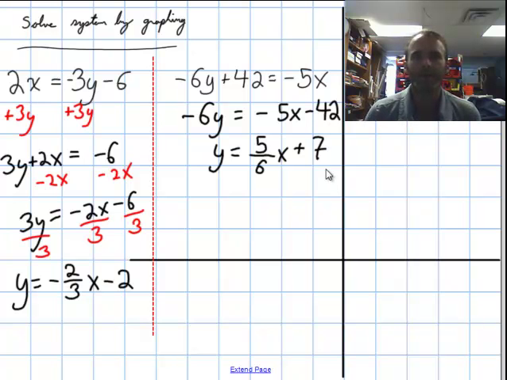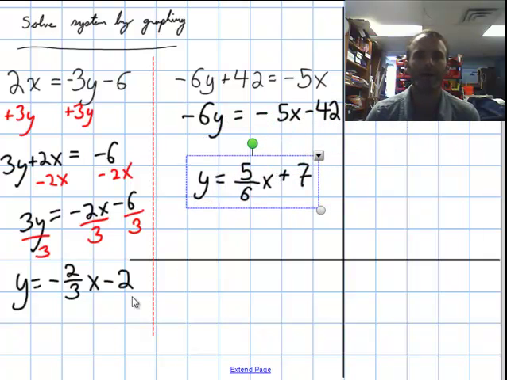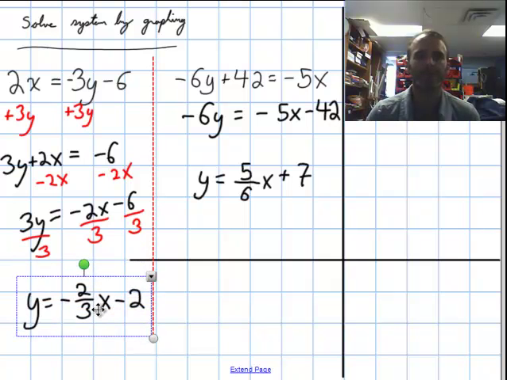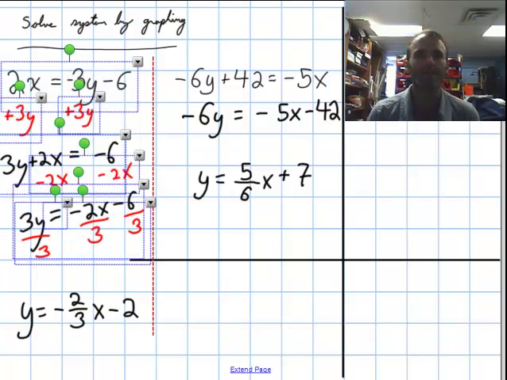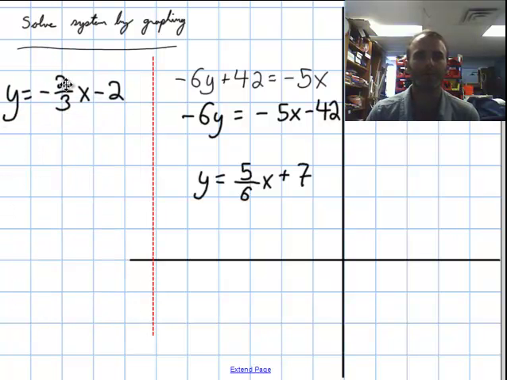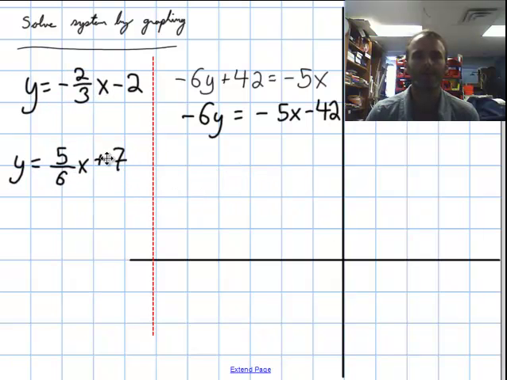Okay, so we have this equation, and we have this equation. So here's our two equations. So I'm going to get rid of all of this. Just put, there's our first equation, and here's our second equation.